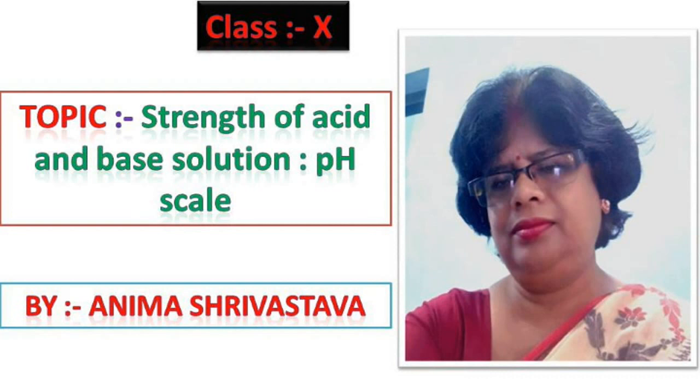Now let us see how a universal indicator paper will be used to measure the pH value of a solution. A drop of the solution to be tested is put on a strip of universal indicator paper or pH paper. The paper will undergo a change in color.